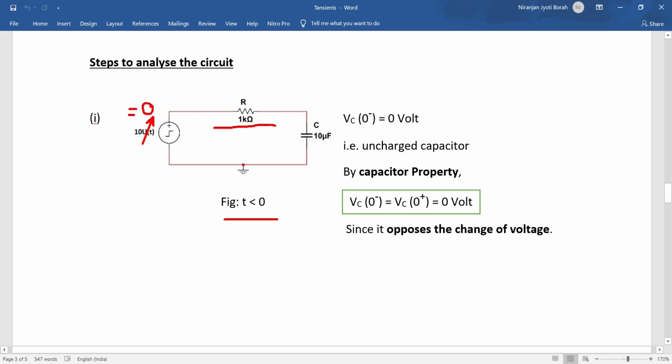So the current flowing through the capacitor, or the loop current, is 0. Hence, the voltage drop across the capacitor will be equal to 0. And by the capacitor property, the voltage across the capacitor just before switching should be equal to the voltage across the capacitor immediately after switching. Thus, the initial condition has been obtained.